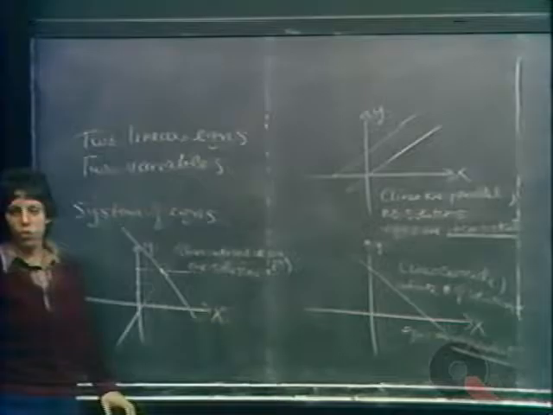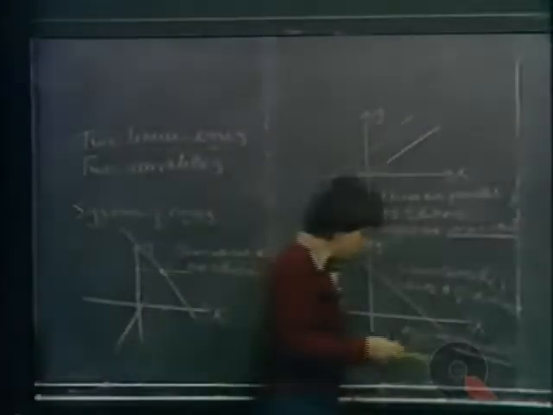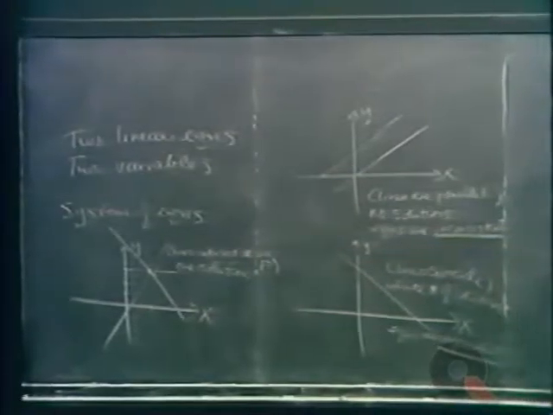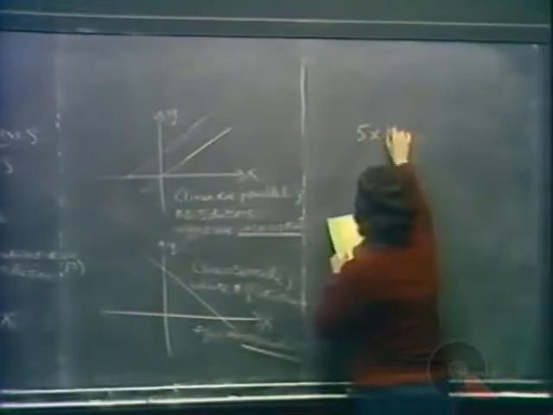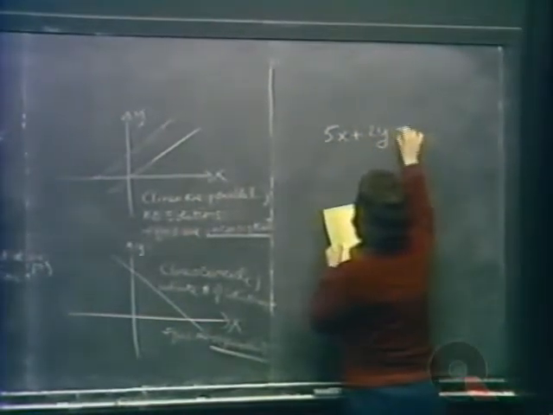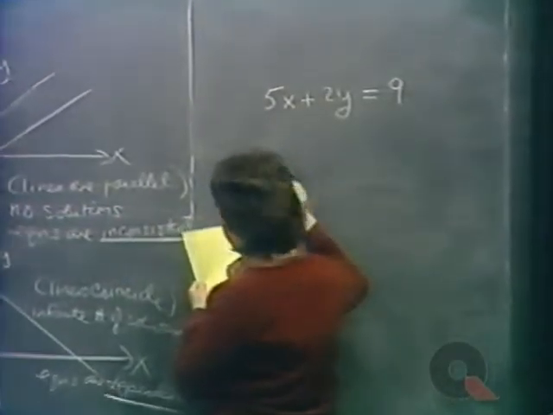And I'm going to be showing you two ways of solving such a system of equations. Let's look at a specific example. 5x plus 2y equals 9, one linear equation in two variables.